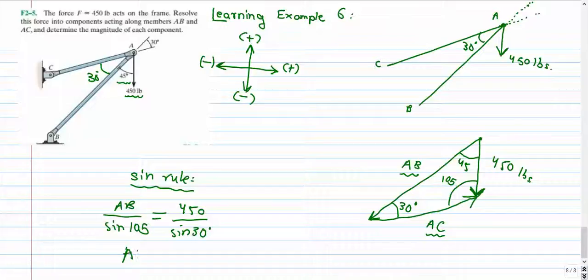And the answer that we get for AB is 869.3 pounds.